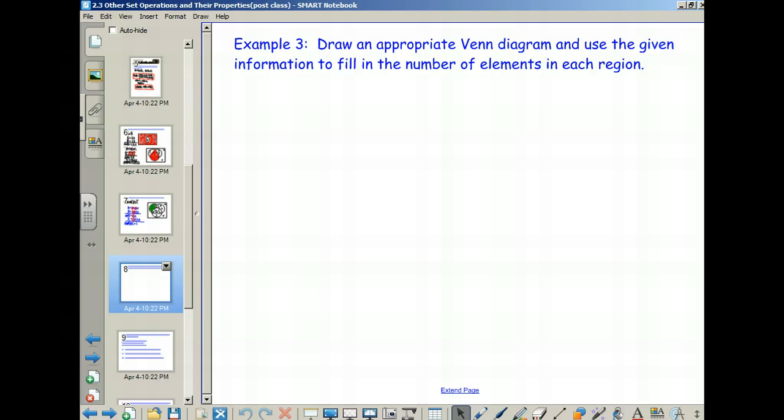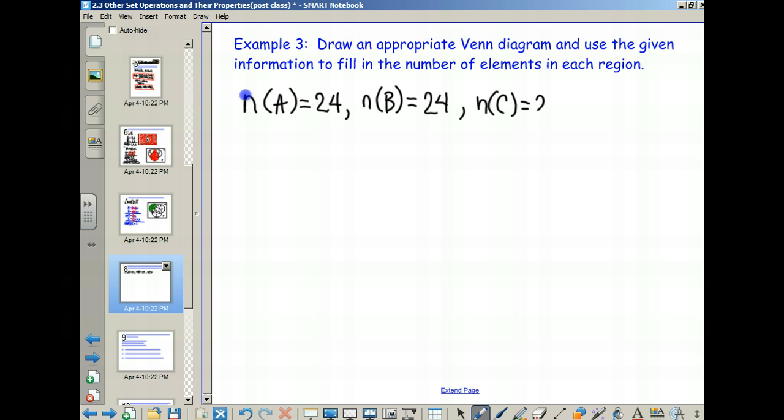Example 3 says to draw an appropriate Venn diagram and use the given information, which I'm going to give you in a minute, to fill in the number of elements of each region. So here's the given information you need. N of A is 24. N of B is 24. N of C is 26.